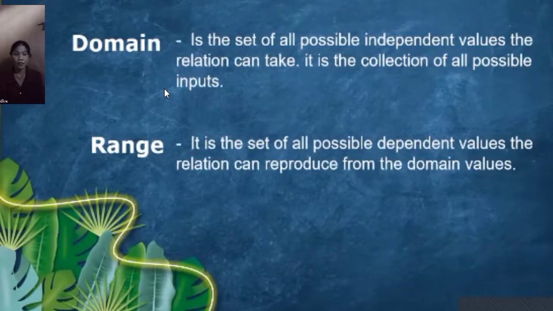It is the independent values. While the range is the set of all possible dependent values the relation can produce from the domain. In ordered pairs, the first element is the domain, while the second element is what we call the range. So the range is the set of all possible y coordinates or possible dependent values.